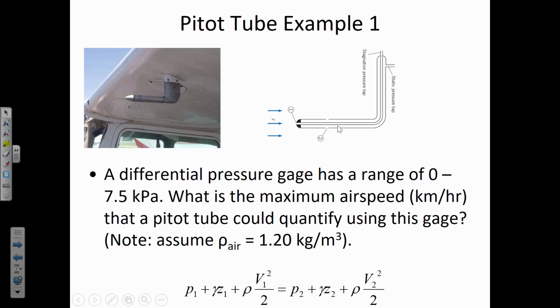The one on the side doesn't have the extra pressure due to the velocity head. A typical density of air would be 1.2 kilograms per cubic meter. So try and translate that into a maximum airspeed if we had the pressure difference being up to 7.5 kilopascals.